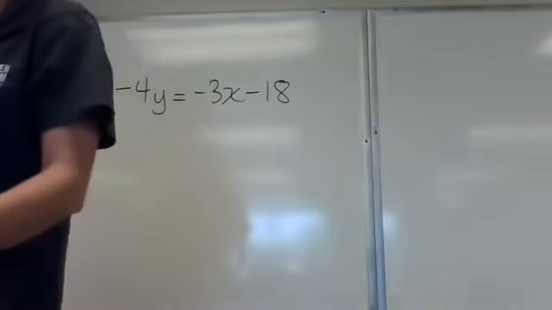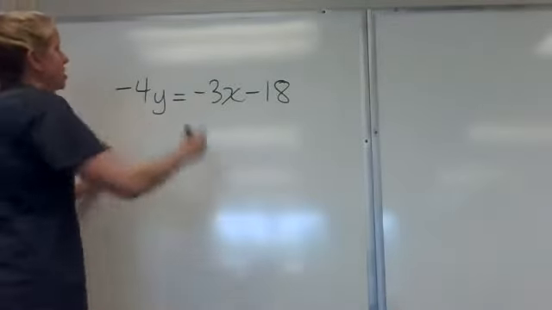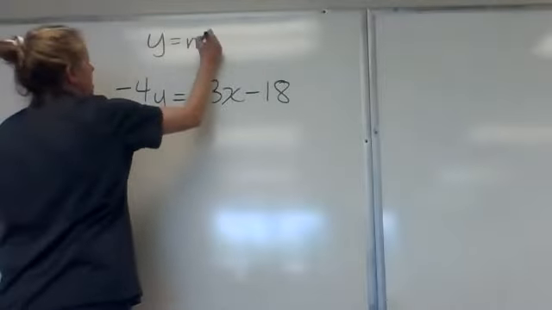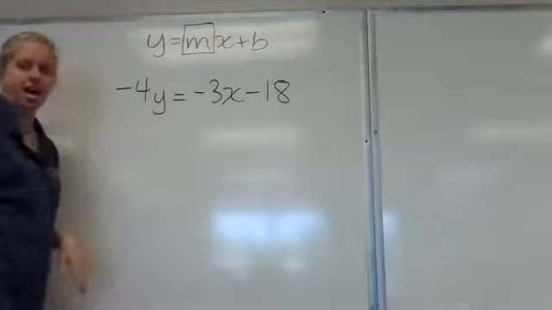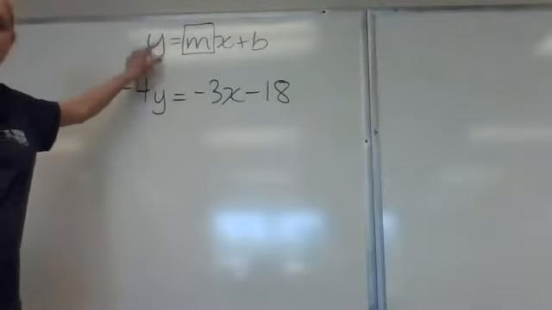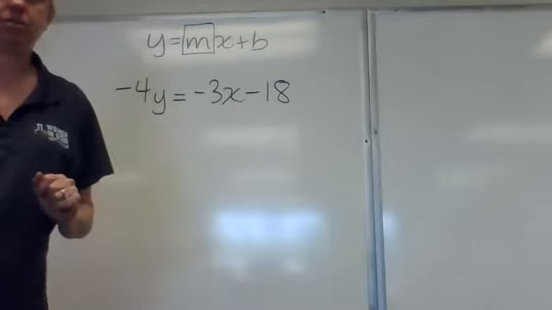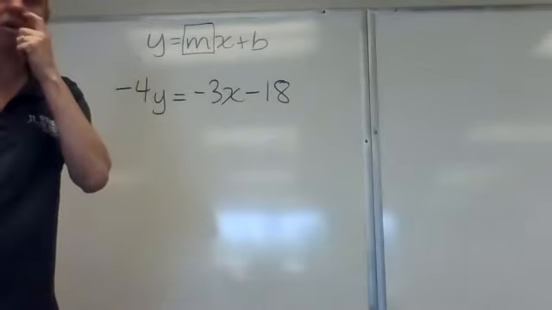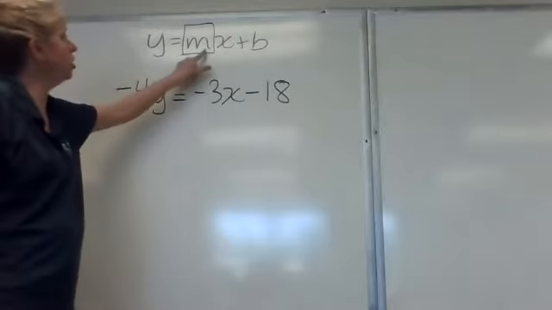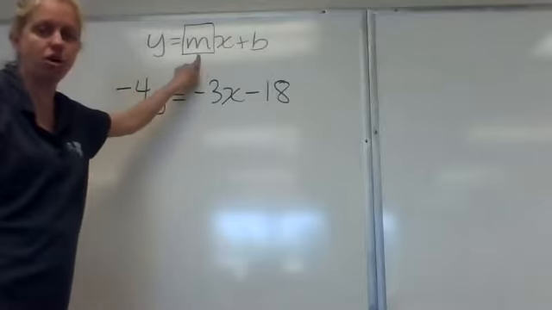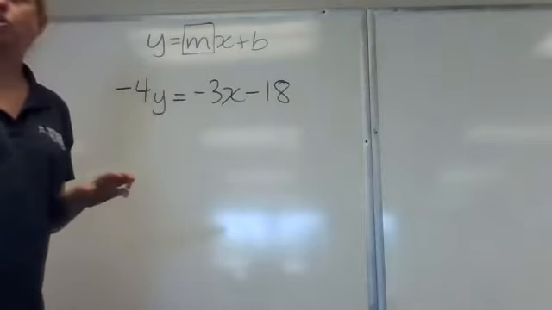If you are asked to find the slope of a line and you are given the equation of the line, you want it to be in slope-intercept form, which just means that you want the y by itself. Because once you get the y by itself, the number hooked on to the x is your slope. But that's not the case until y is all the way alone.